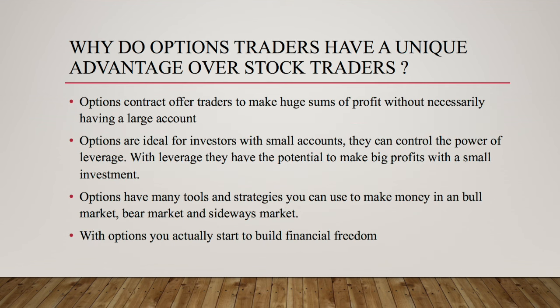So why do option traders have a unique advantage over stock traders? In general, option traders make more money than stock traders. Why, you ask? Because option traders have way more tools than a stock trader. You have tools to start building and growing your account and getting closer to financial freedom. You have benefits like buying power with less risk.